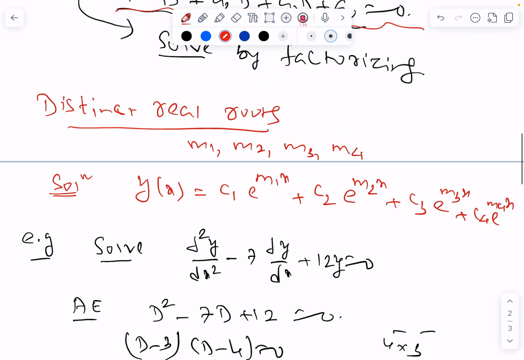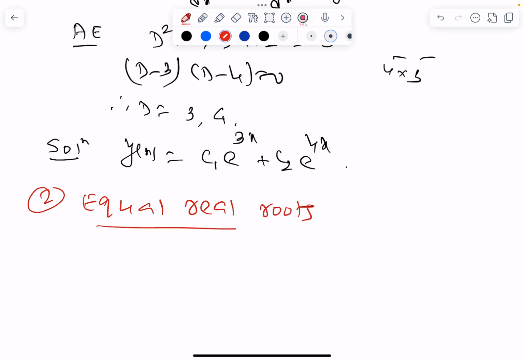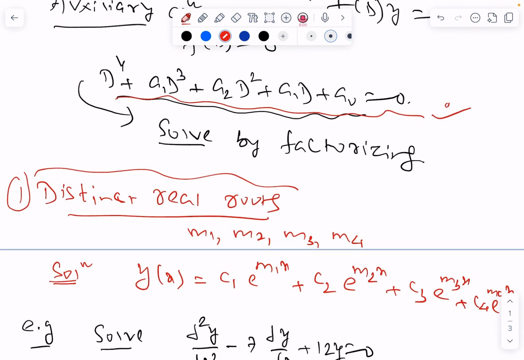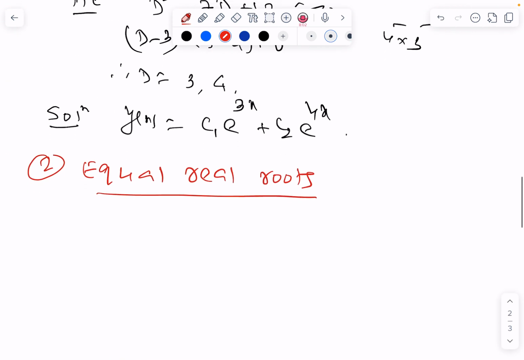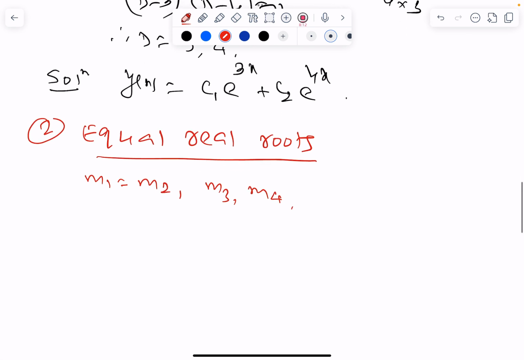It may also have equal real roots. In the same fourth order equation, the auxiliary equation may have two roots equal, say m1 equal to m2, and m3, m4 distinct.